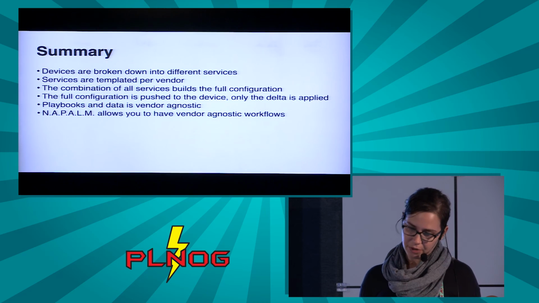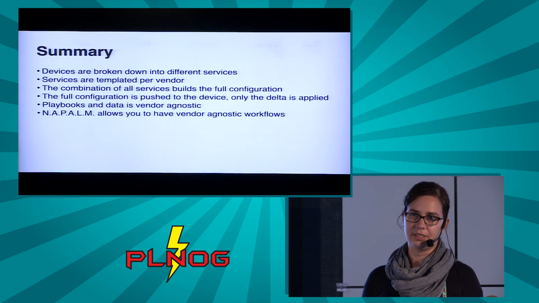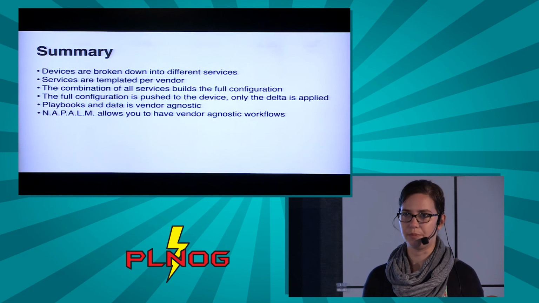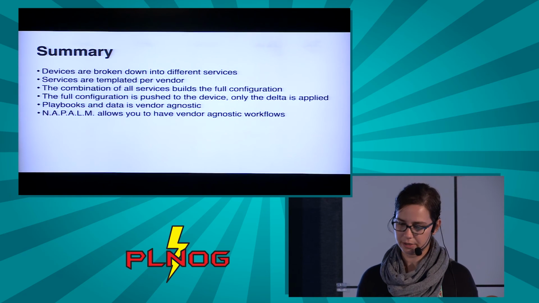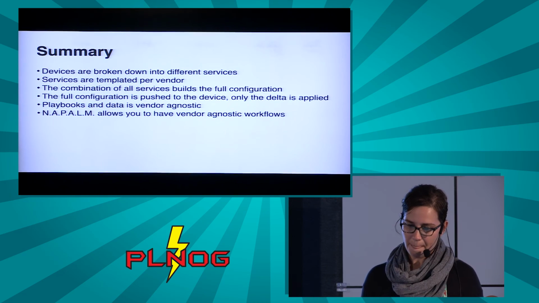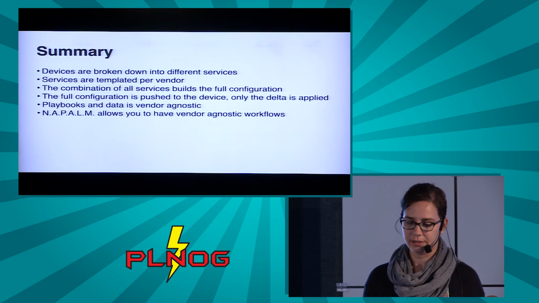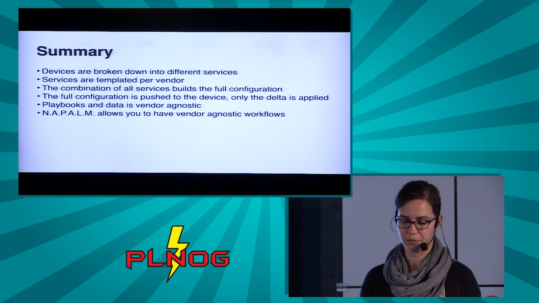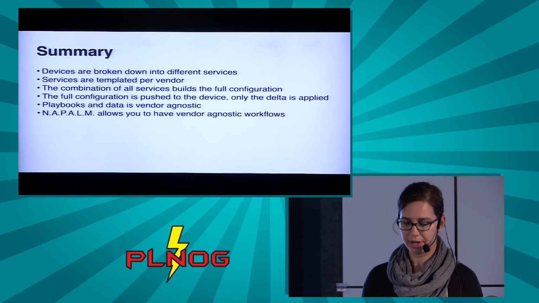So we push the configuration, and the delta is applied because it uses the Juniper or IOS XR commits that know if a portion is already configured, so they only apply the delta that we push to it. And the playbooks and the data files are all completely vendor agnostic, so we can write them in the same style for our entire network, no matter what vendor we have.